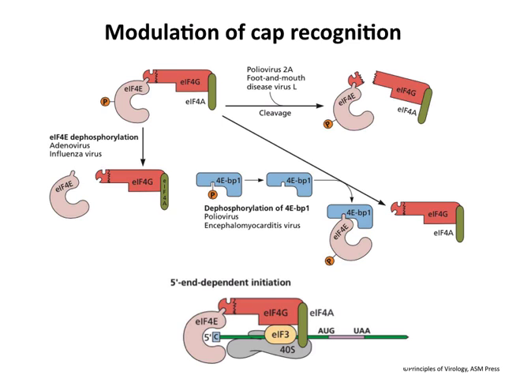The 4E itself can be regulated by a protein called 4E binding protein. When 4E binding protein is phosphorylated, it cannot interact with EIF4E. But in some virus-infected cells, it's dephosphorylated. That 4E binding protein can now bind 4E and prevents it from interacting with 4G.